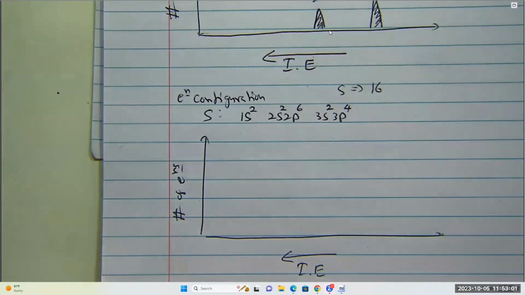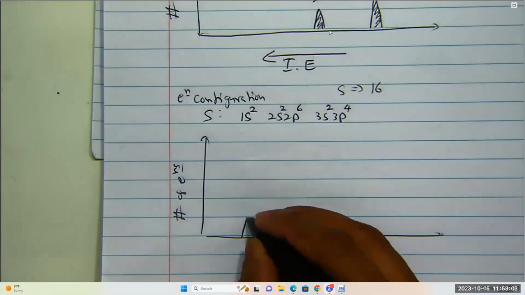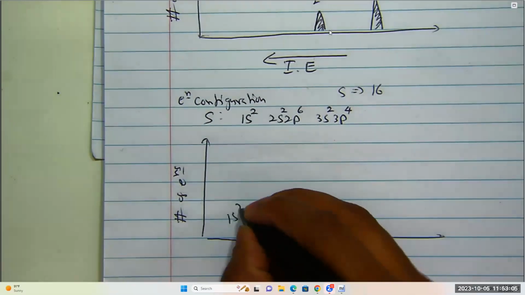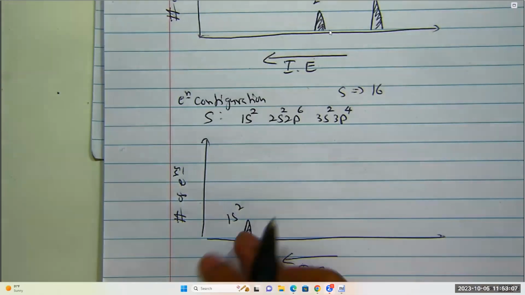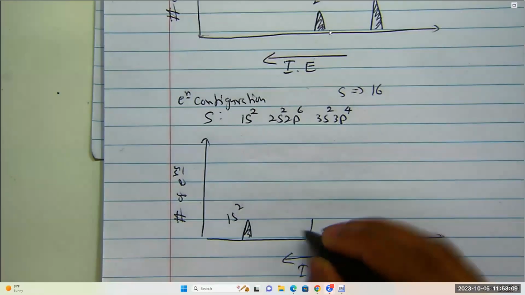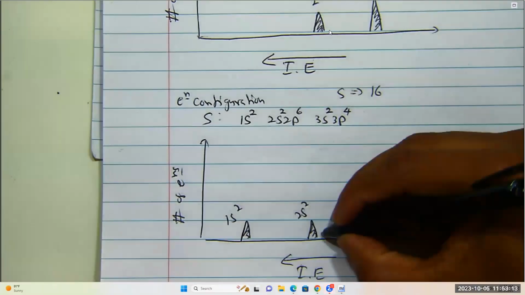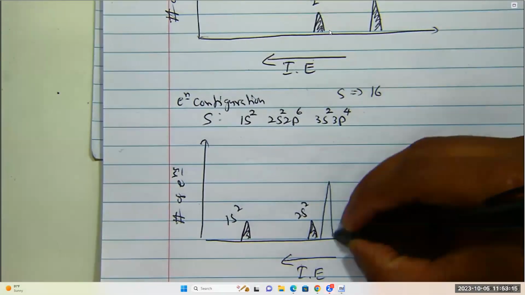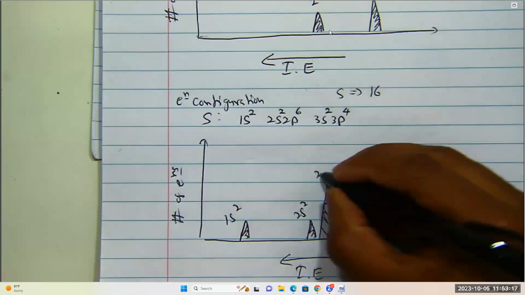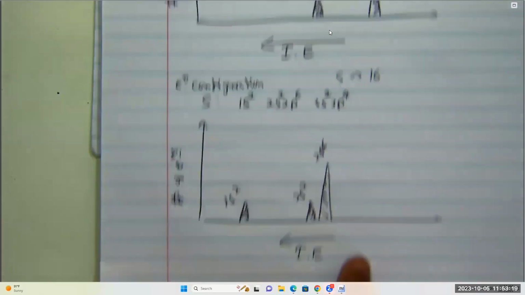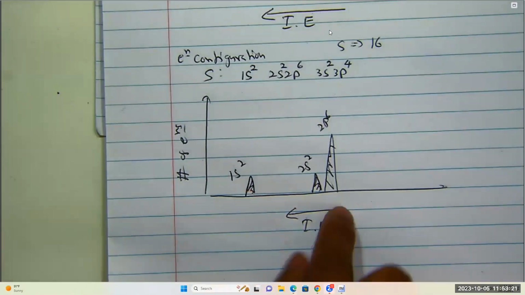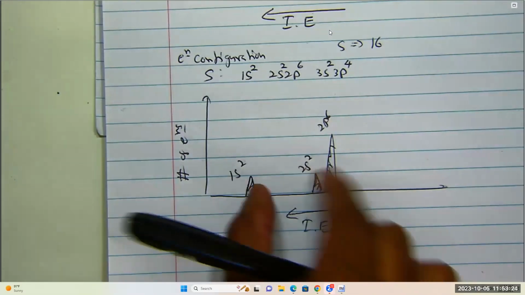Now, if you draw the electron spectrum, here's 1s, we're going to have 2 electrons there. And then I'm going to separate 1s from 2 because these are 2 different shells. 2s has 2 and 2p has 6. Notice how I separated my first shell from the second shell because there's a large energy gap between the shells.